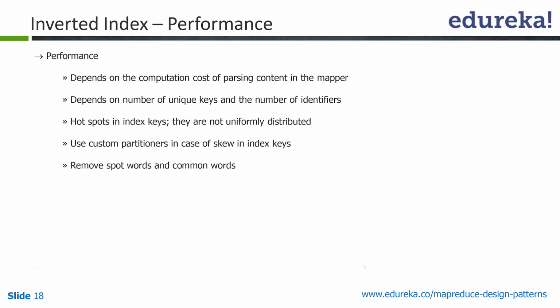If you look at the performance, there's nothing very complex being done. It's whatever time a MapReduce framework will take in transferring your data from the map side to the reduce side. Apart from that, there's nothing involved. But the cost of the computation actually goes in the parsing of the content in the mappers. For example, if you are just building an inverted index on the words, then that's probably an easier job.